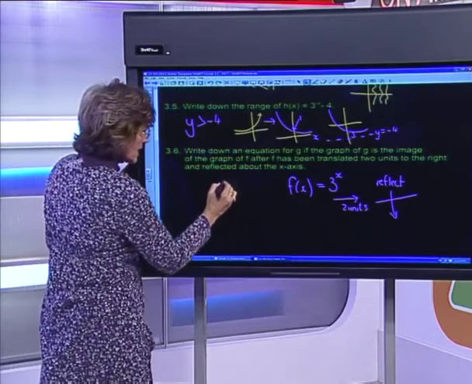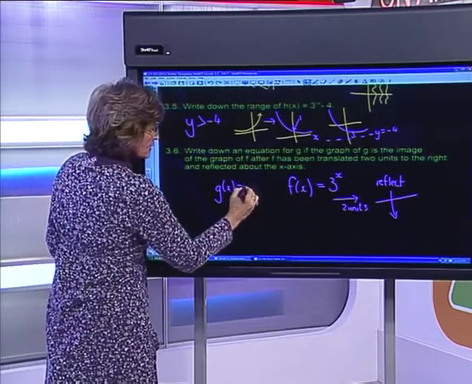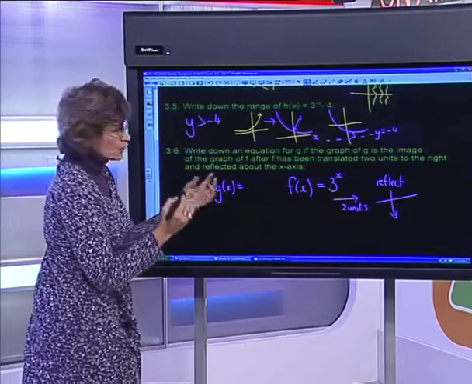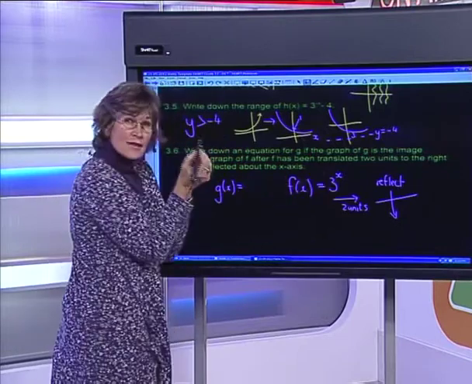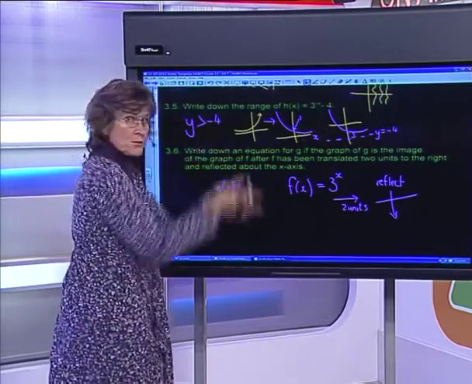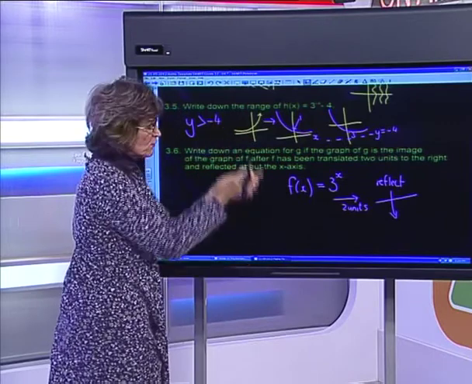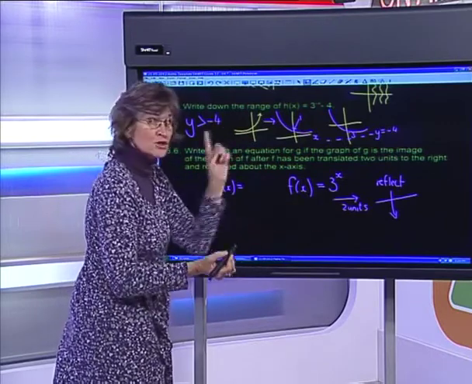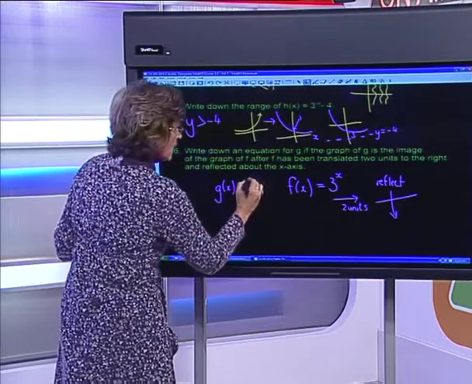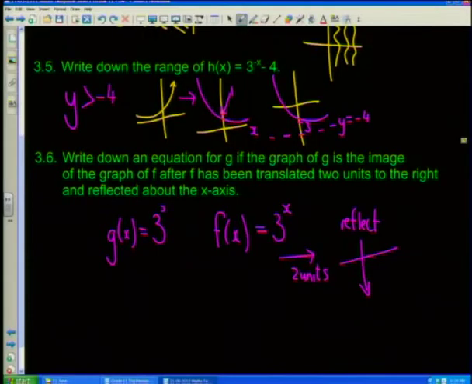How do we move things to the left or the right? Well, it's got to be part of the x. We're not moving it up or down, that would be to the y. We're moving it in the x. If we want to move it 2 to the right, it's going to have to be x minus 2. Now we want to reflect it across the x-axis.